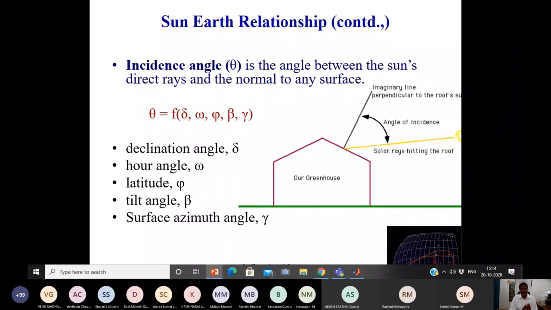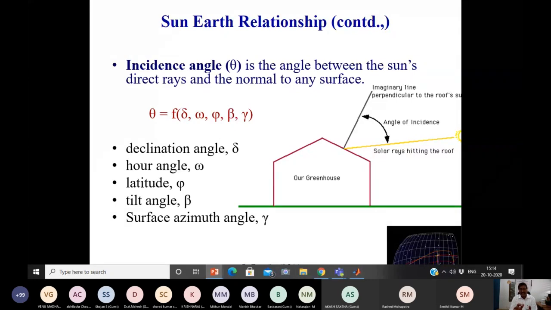The first 3 variables are declination, hour angle and latitude. Declination deals with the date. Today is October 20, and that date gives the declination angle. Declination angle changes every day from minus 23.5 degrees to plus 23.5 degrees due to the tilting nature of the earth's axis.